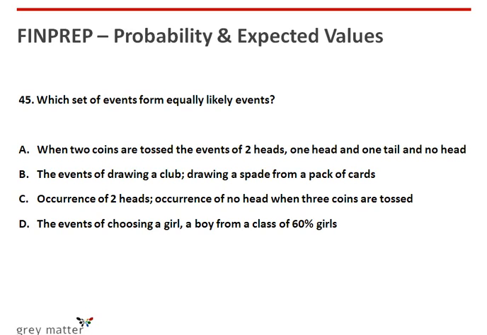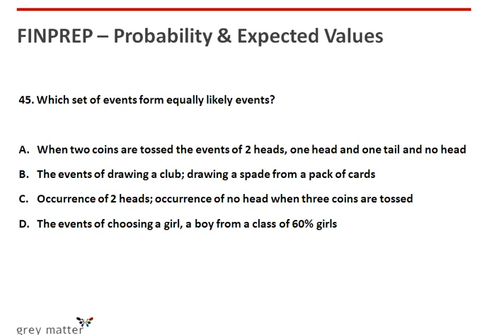45th question: which set of events form equally likely events? If you see the probability computation, in the A option it may not work out for the two options given within A, that is when two coins are tossed, the events of two heads, or one head and one tail, and no head.